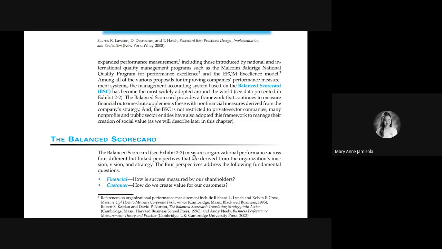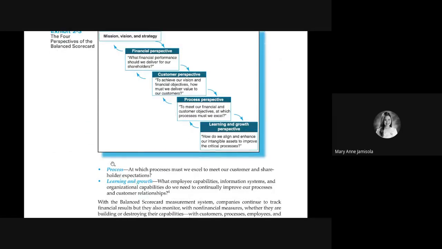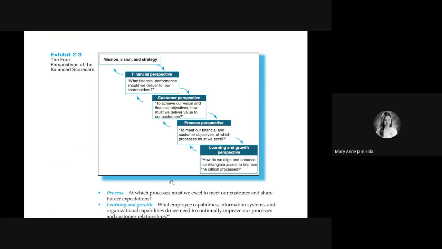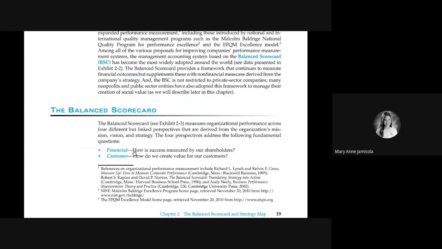Remember these four. Okay, we have the financial perspective, we have the customer perspective, we also have the process perspective. Sometimes process perspective is referred to as the internal measurement perspective or internal process perspective. And then we have learning and growth. So let's go back to the first perspective, which is the financial perspective.